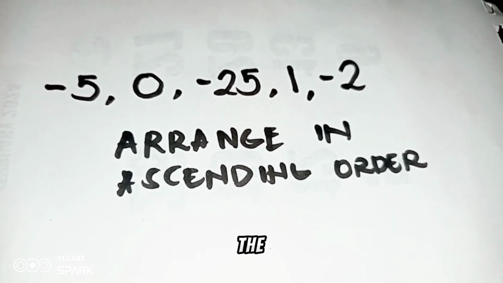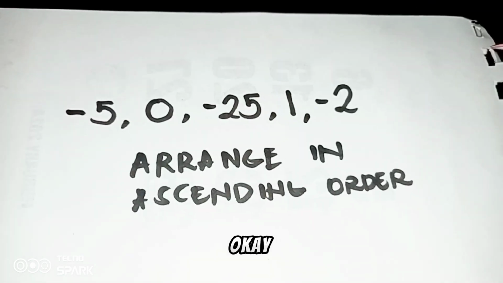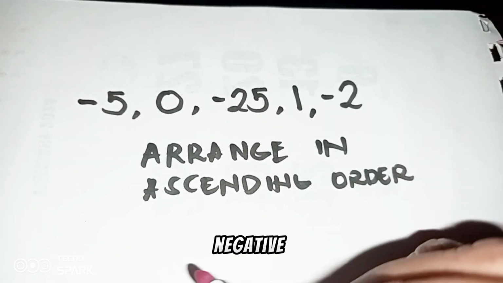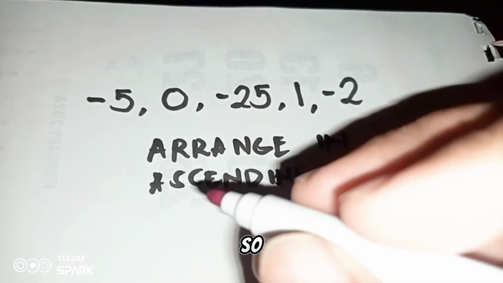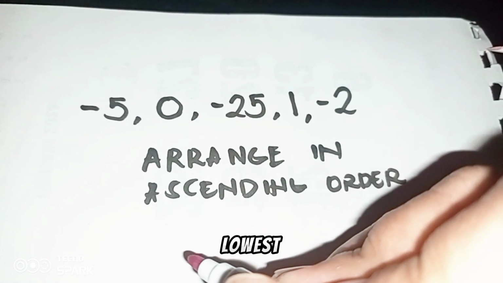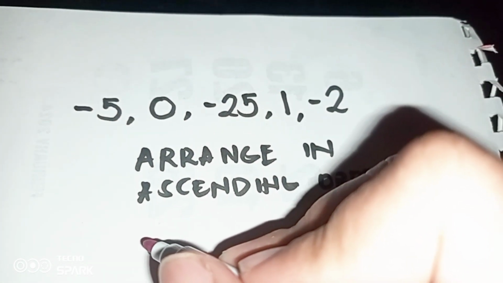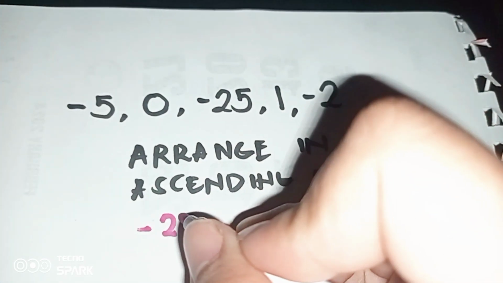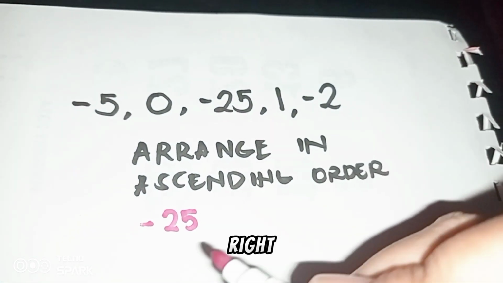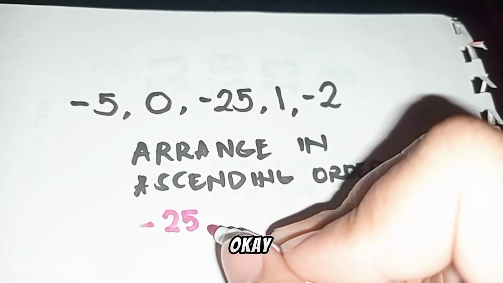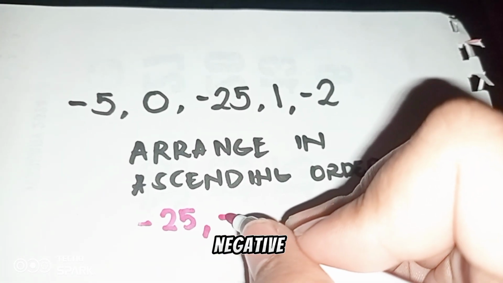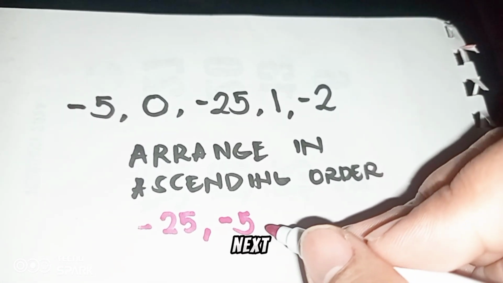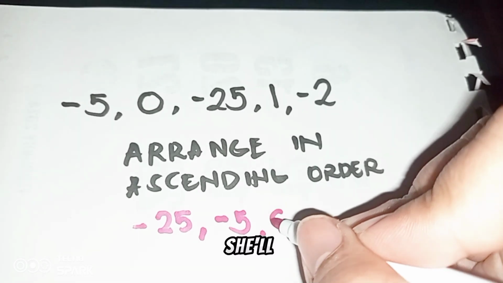So what is the lowest value? Here again, we have negative 5, 0, negative 25, 1, and 2. The lowest value is first negative 25, right? Next negative 5, next 0.